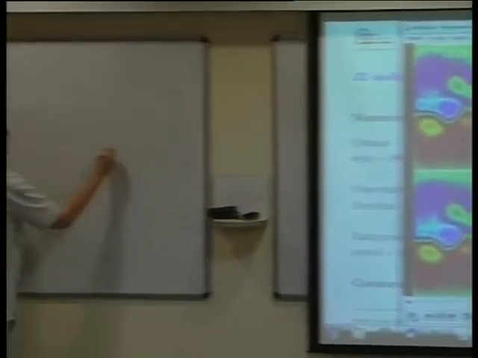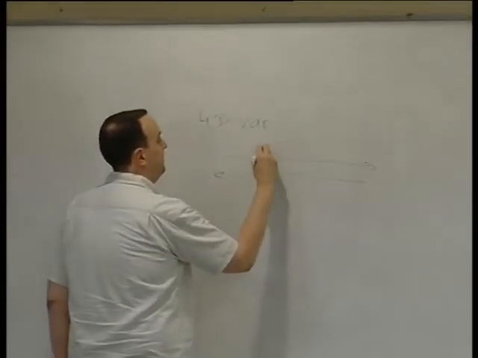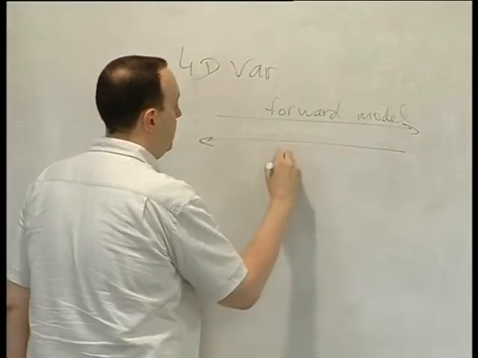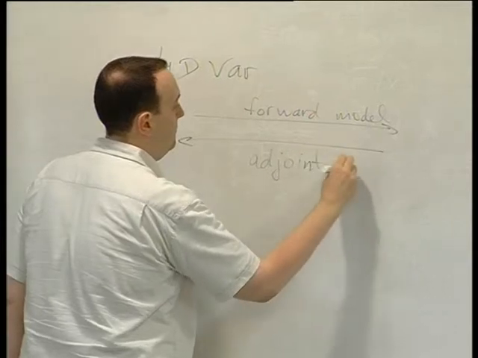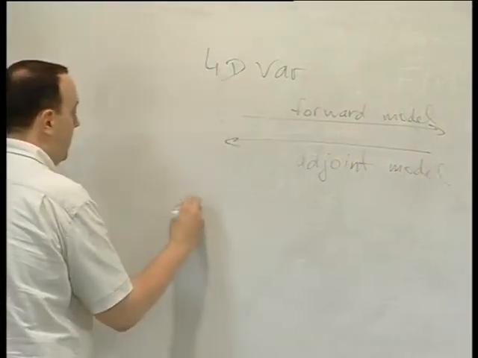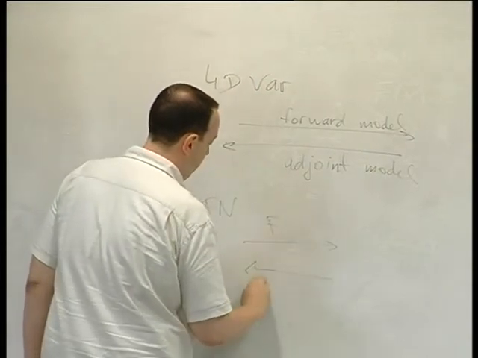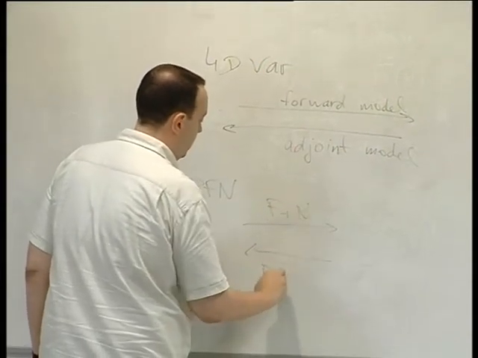With 4DVAR, you iterate the forward model and then backward the adjoint model. And for the back and forth nudging, you iterate forward and backward plus nudging.